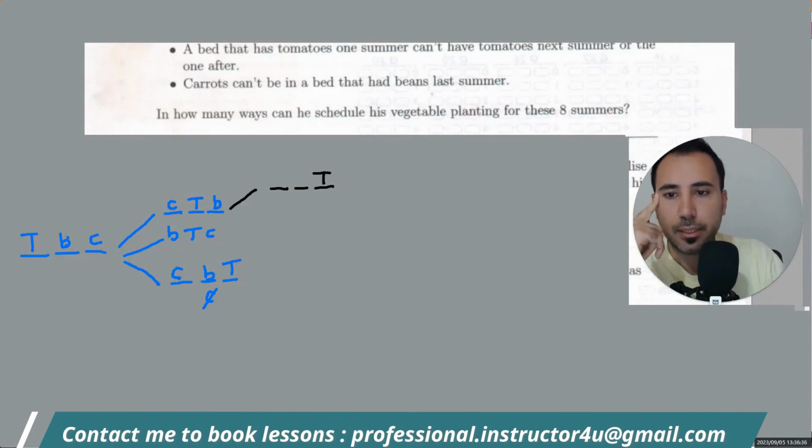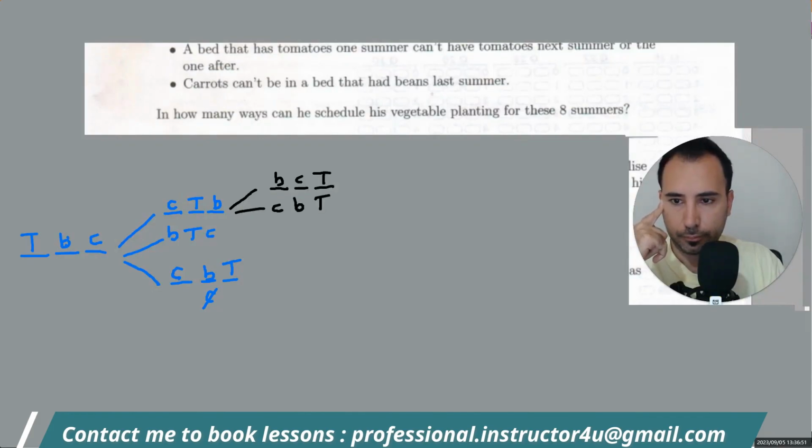So again, C could be here, C could be here. So I'm going to write B, C, T and then another one, C, B, T. Okay, this one now. Again, T has to be at the end. So T goes to the end. It didn't take the place of B.